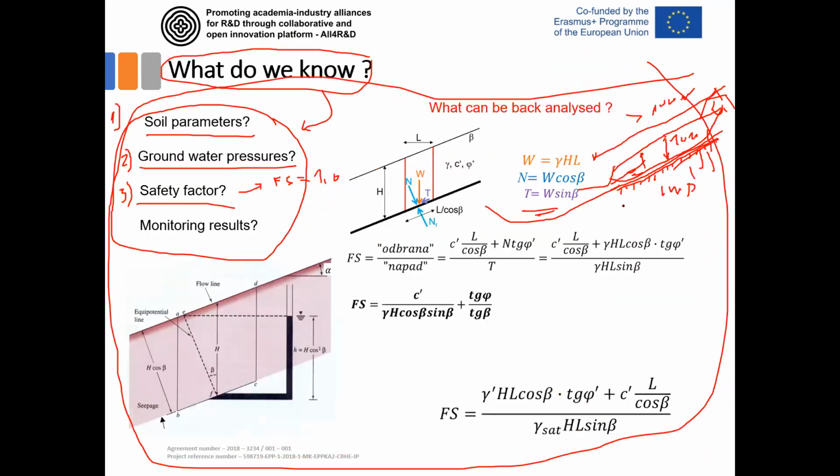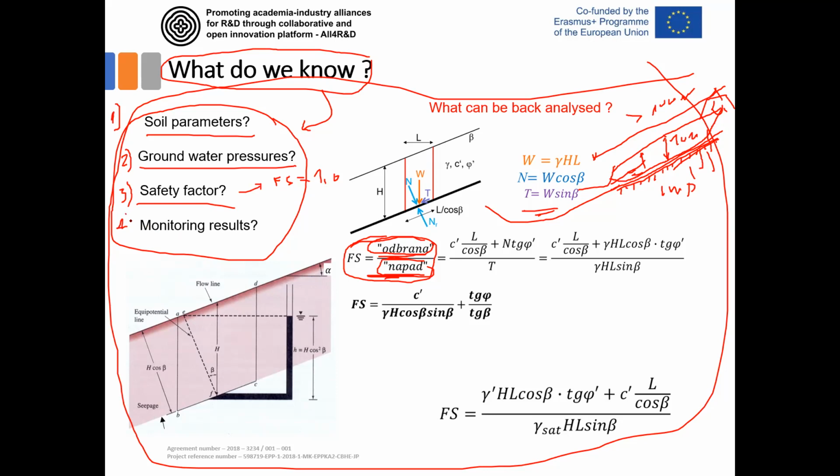What does it mean? That means that the resistant forces are equal to the moving forces that tend to push this slope down the hill. So the safety factor is exactly the ratio of the resistant forces and the moving, disturbing forces that are trying to push the soil down the hill.